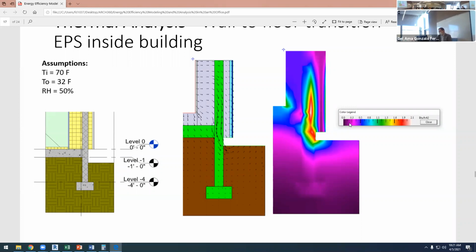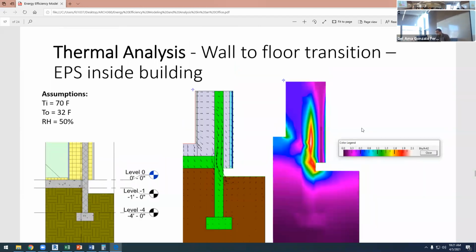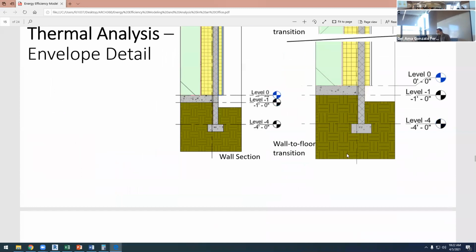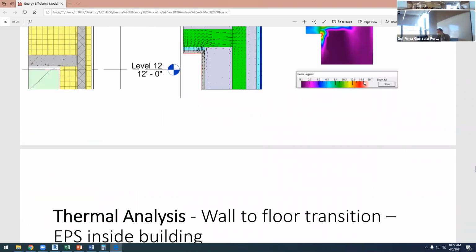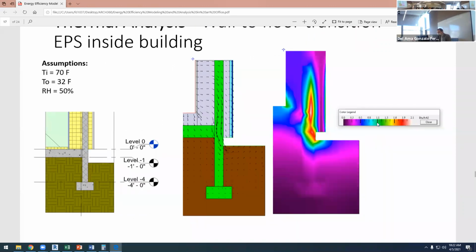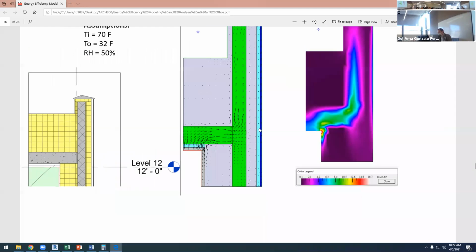Okay, so here, looking at this legend, the highest value is 2.1. And looking at this, the highest value is 16.7. So this is worse than this because here the highest flux is much lower than this detail.